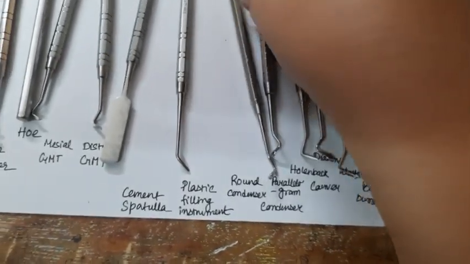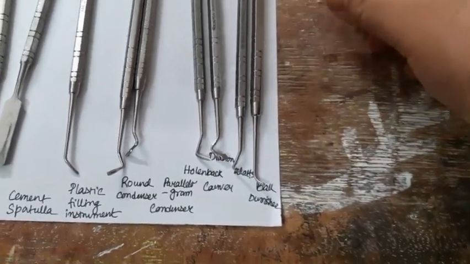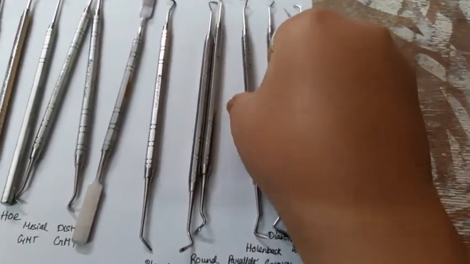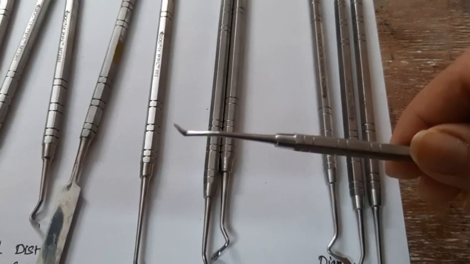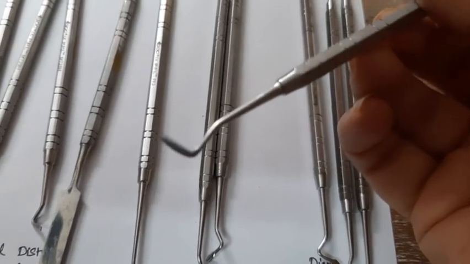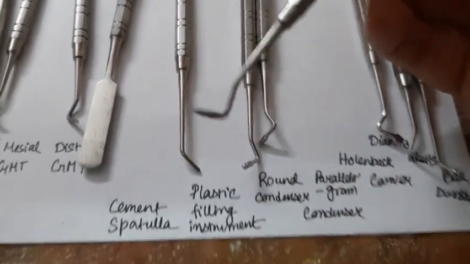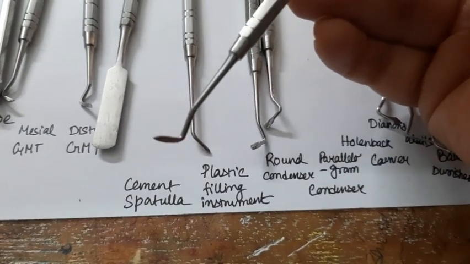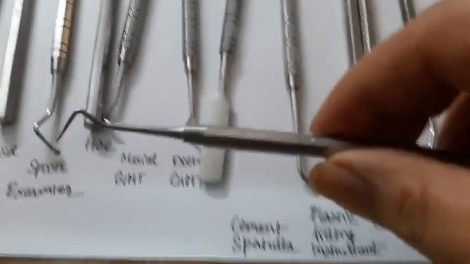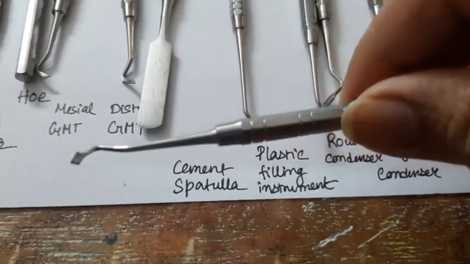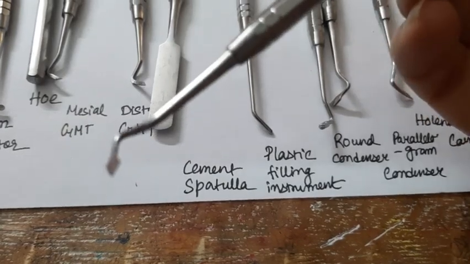Next, let's come to the carvers. We have three carvers here: the hollenback carver, the diamond carver and the Wards carver. This is the hollenback carver. This one is the diamond carver. It has a diamond shape, that is why it is known as the diamond carver.